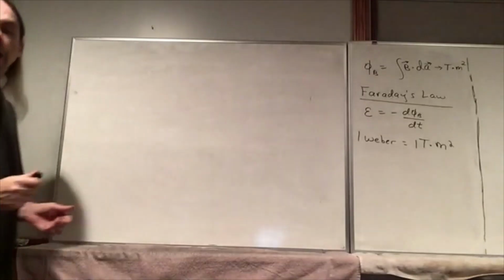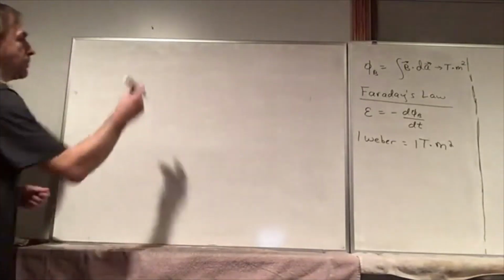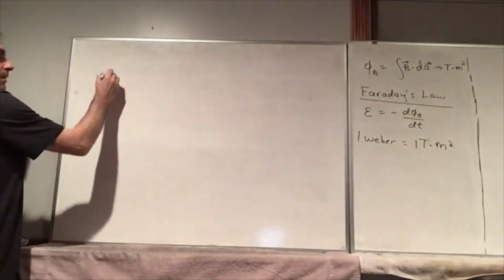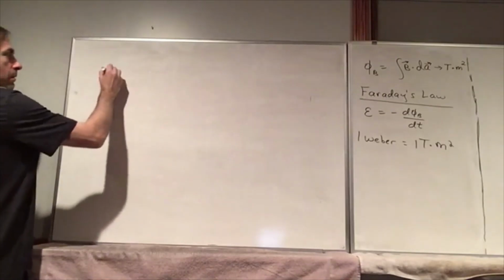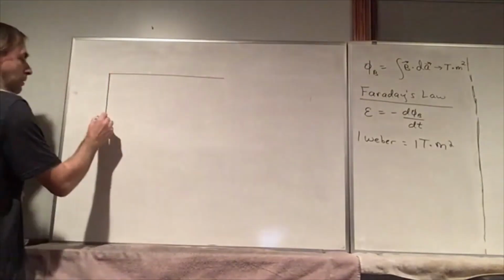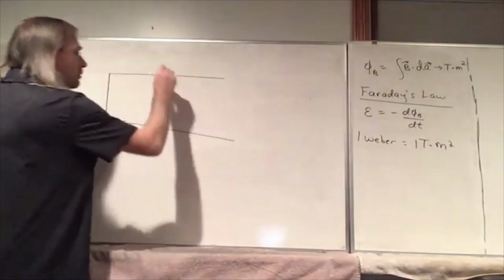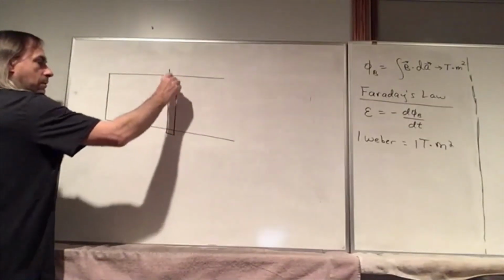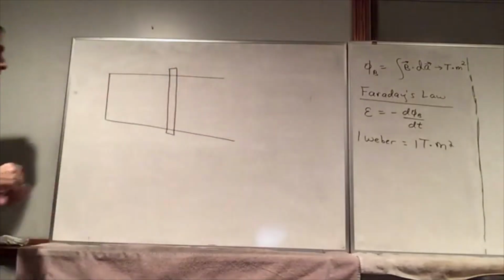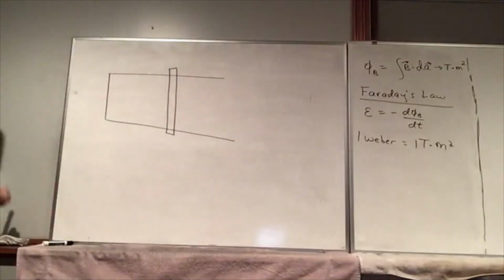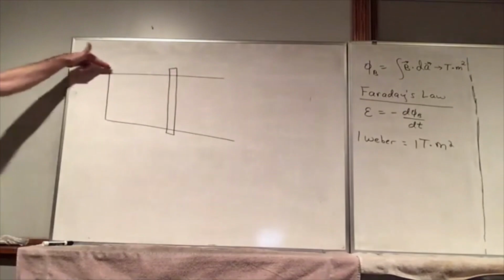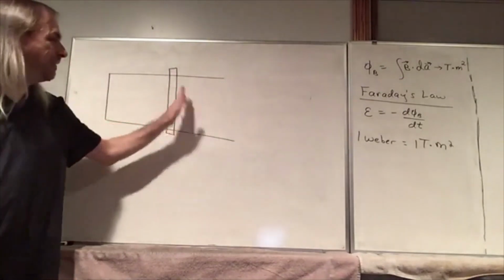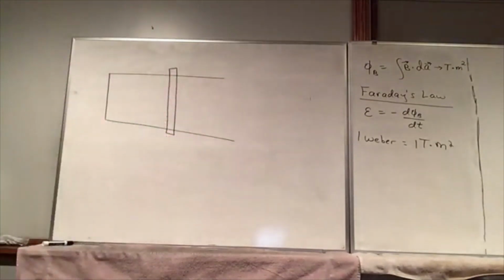Okay, now I want to look at a classic problem here. Let's say we have a conducting rail here, and this is a conductor on top of it.